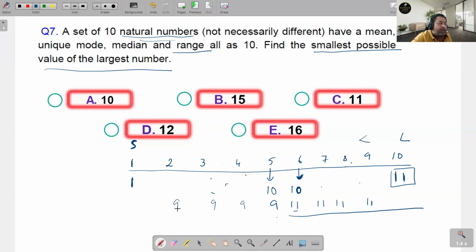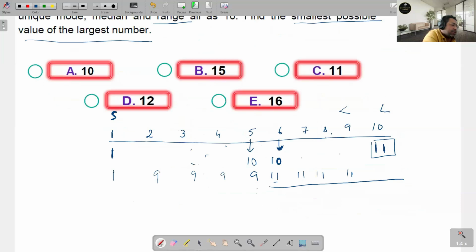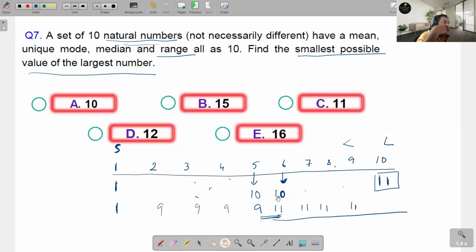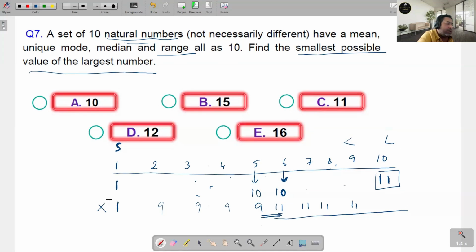So you got your median, but you are not getting your mode. Mode means the number which appears the maximum number of times, a unique mode. So this particular option is not going to work.